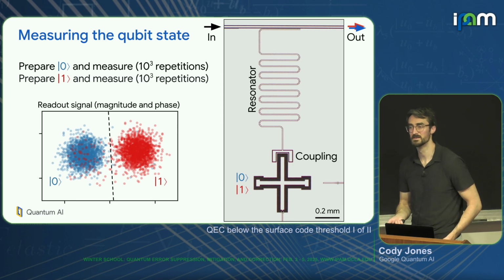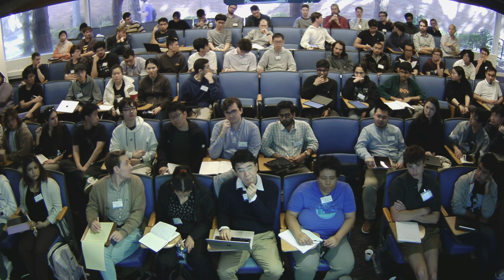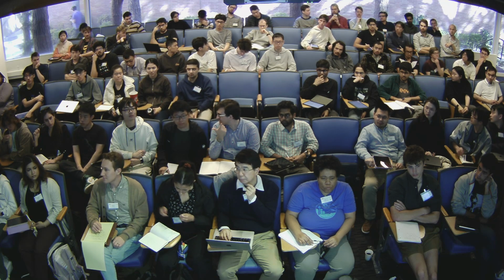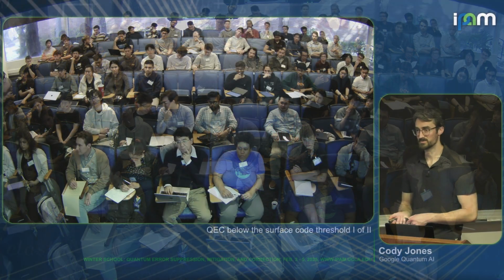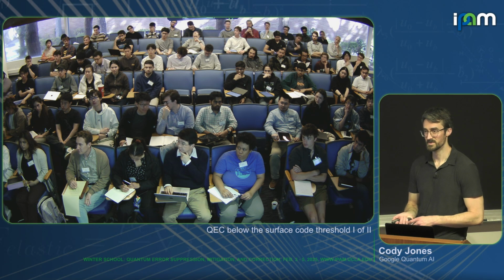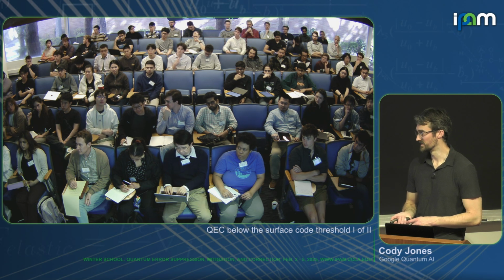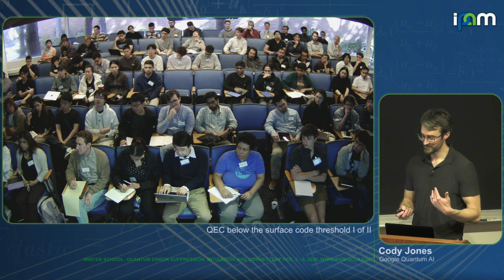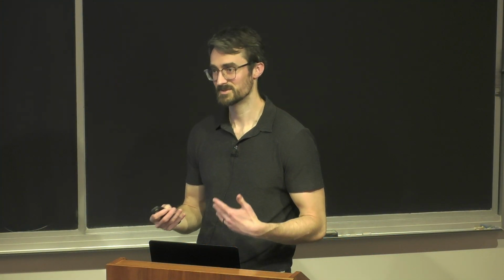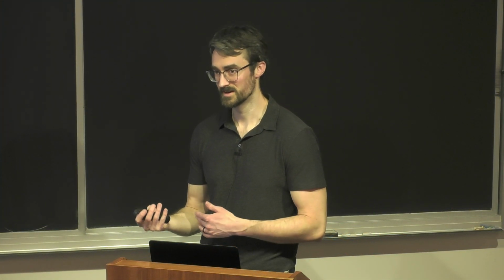There's a question in the back. That's a really good point. There will indeed be some preparation error as well. Calibration of qubits is a somewhat complicated process, and it's also iterative.